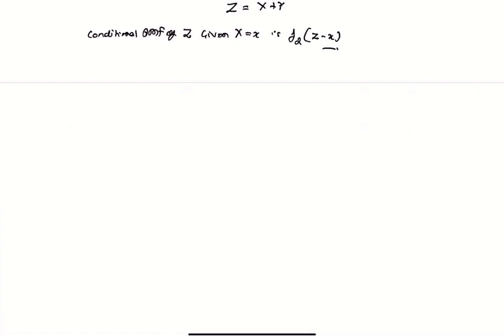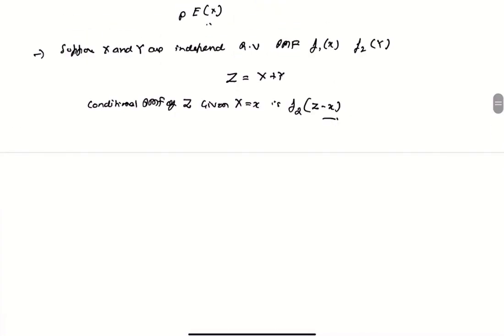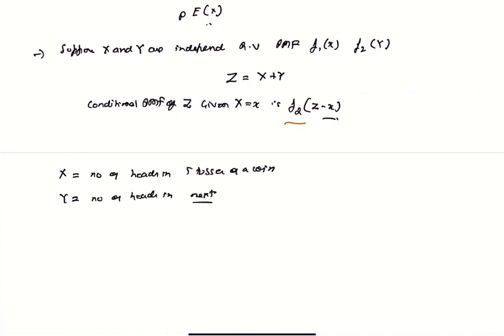So this is a very complex little statement. How do I prove this statement? Let's consider X for a second. X is the number of heads in 5 tosses of a coin, and consider Y as the number of heads in the next 7 tosses of a coin.